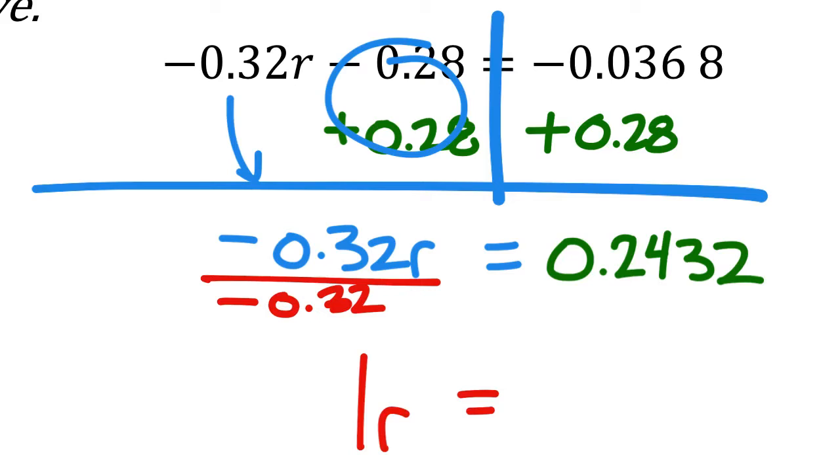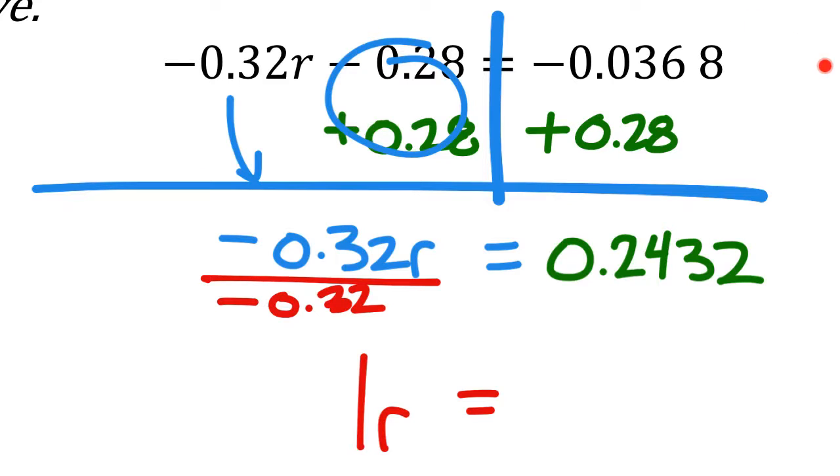Now again, if I had said, well, I'm going to add 0.32, then it becomes an unlike term. And that's why even this 0.28, it's paired with the negative 0.28 because they are like terms. And this one over here is paired with the negative 0.0368 because it is a like term.